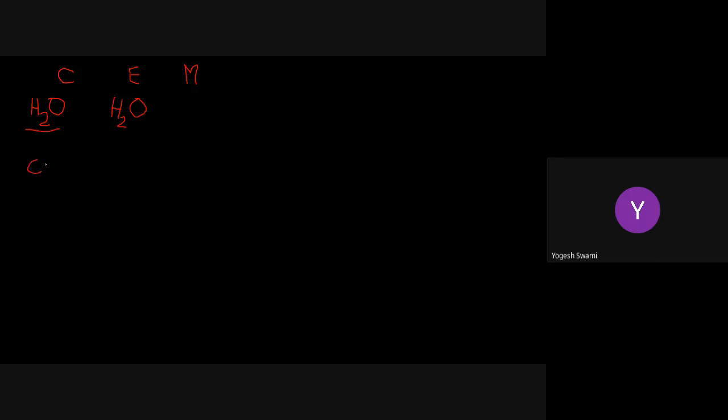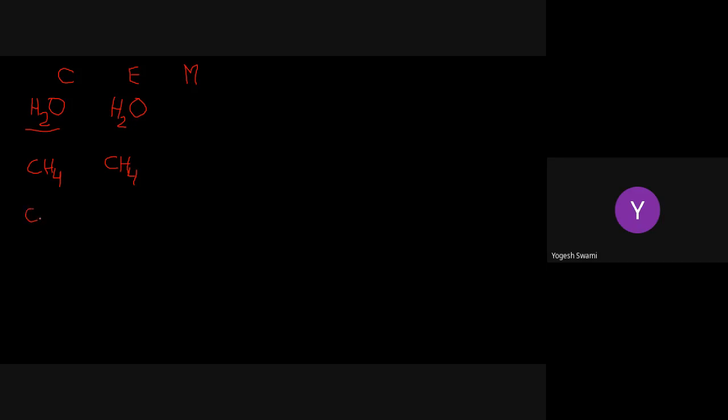Another example is methane, CH4. For this one, the ratio of carbon and hydrogen atoms is 1:4. You cannot make it simpler than that. So the empirical formula and molecular formula for this are again the same.